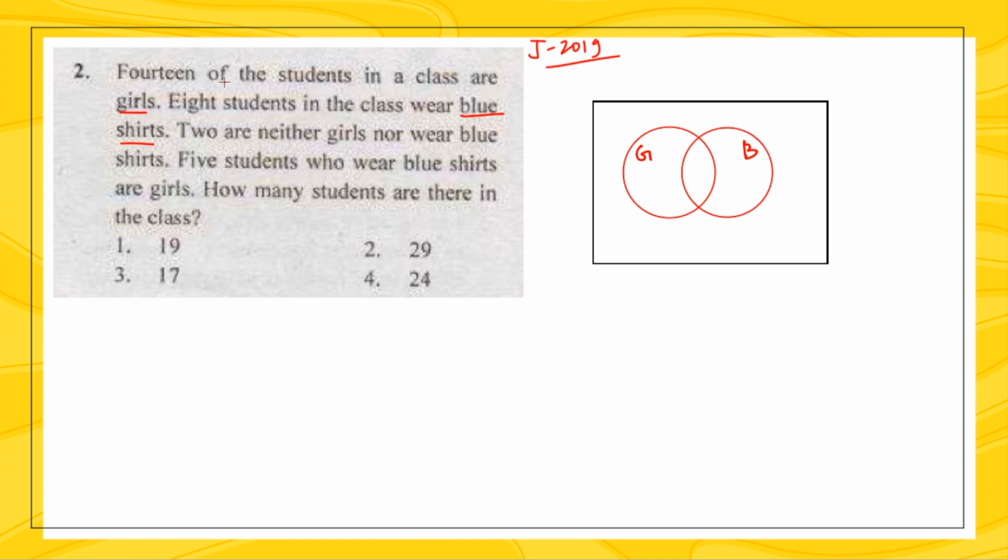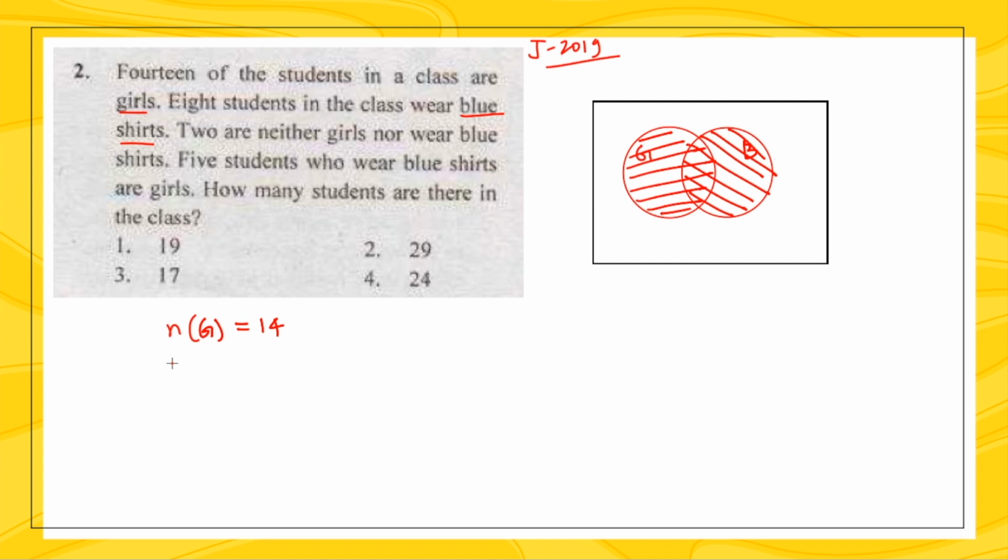Now it is telling that 14 of the students in the class are girls. So this whole region, it is talking about this whole region. These are 14 students, okay, which are girls. This whole region is 14. Okay, so let me write down. So number of girls, I am writing it as NG, means number of girls is 14. 8 students in the class wear blue shirt. So this blue shirt is basically this region, right?